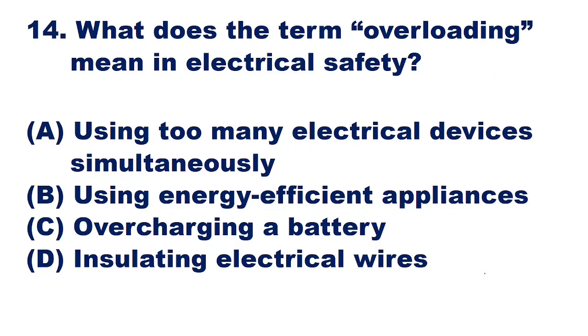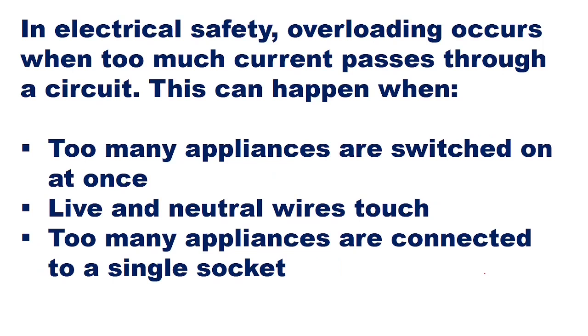What does the term overloading mean in electrical safety? Options are using too many electrical devices simultaneously, using energy efficient appliances, overcharging a battery, insulating electrical wires. Obviously, whenever we use many electrical devices simultaneously, it is called overloading. In electrical safety, overloading occurs when too much current passes through a circuit.